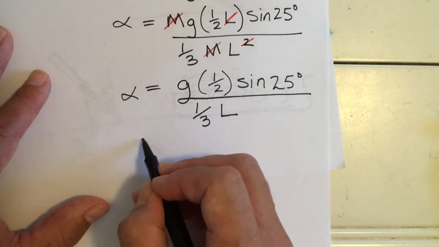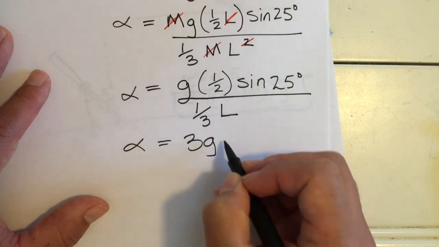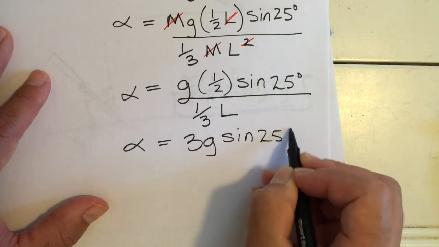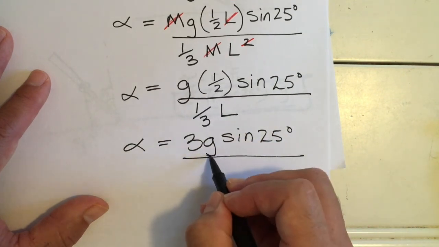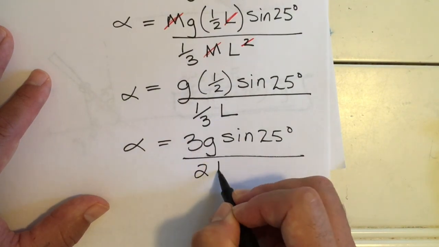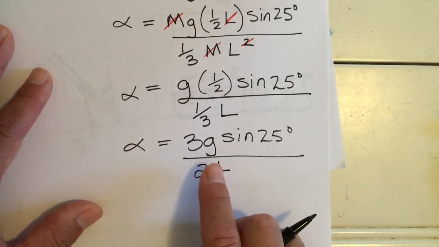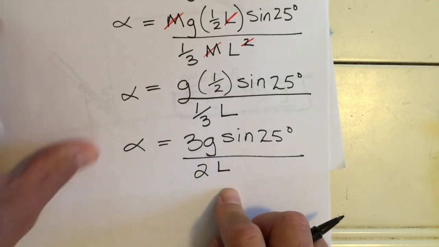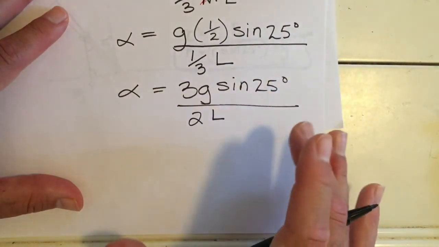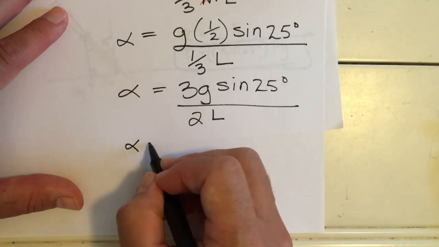So long story short, alpha equals 3g sine 25 over 2L. So we're saying 3/2 g sine 25 over L. There's our expression. Let's go ahead and put the numbers in and solve. Let's find alpha.